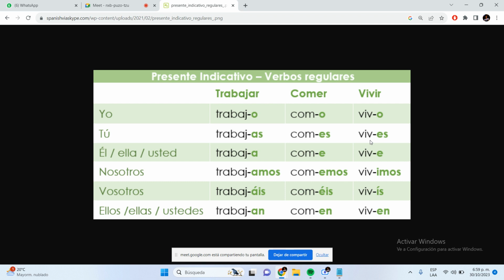So I guess it's to make it different, so you can see the difference between vivís and vives, so you don't get confused. Yeah, it's not working.